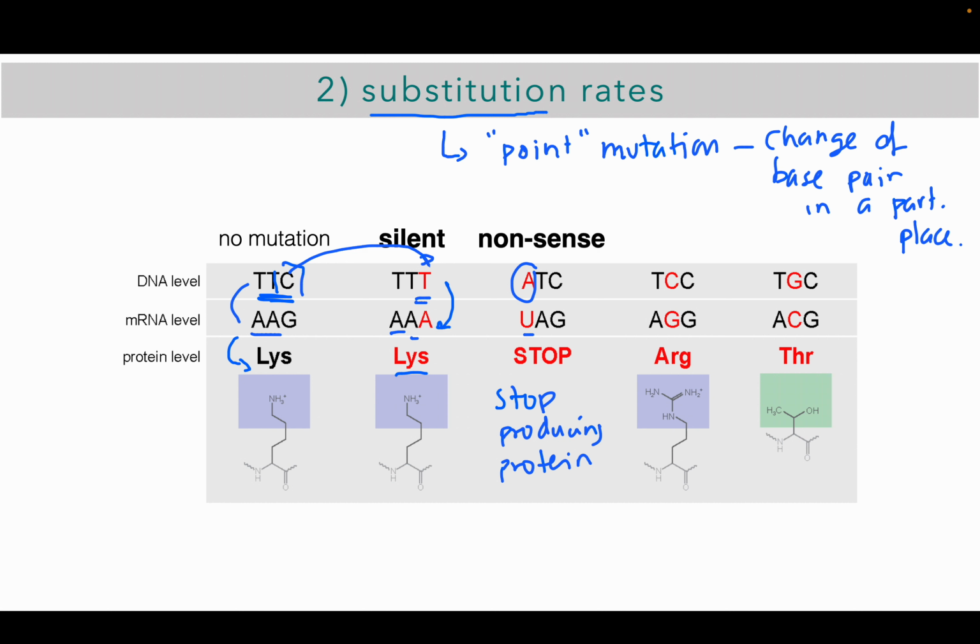And in another case, you change the second one, and instead of stopping, you actually produce a different amino acid entirely. You get from lysine to arginine, or I forget what THR is, but anyhow, you get a different one, and this one is called missense. You get a different amino acid.